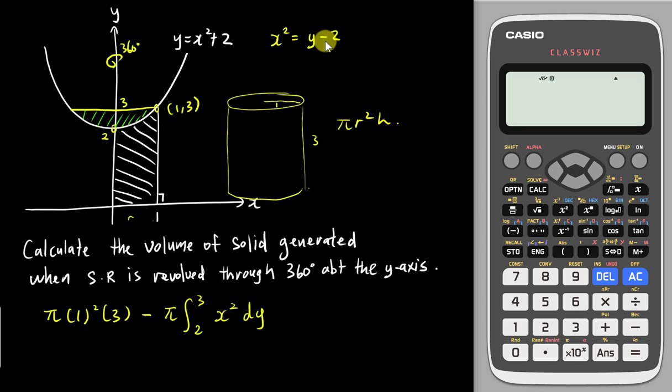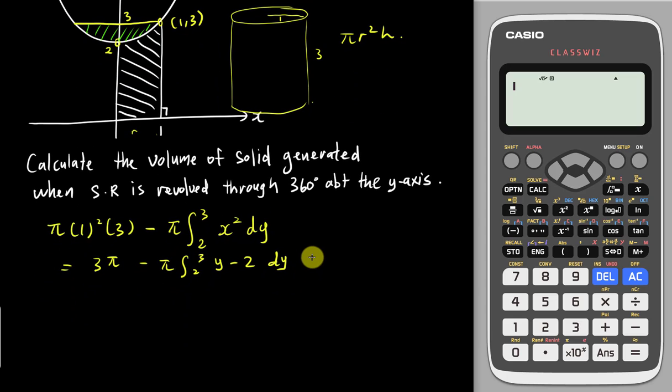Alright, so then here we have 3 pi minus this one. You need to integrate yourself, but you need to sub in the thing first: y minus 2 dy. Now you can start to do the integration here. So it's just 3 pi minus, definitely you can use the calculator to straight away get the answer, but you still need to know how to do it manually in the exam.